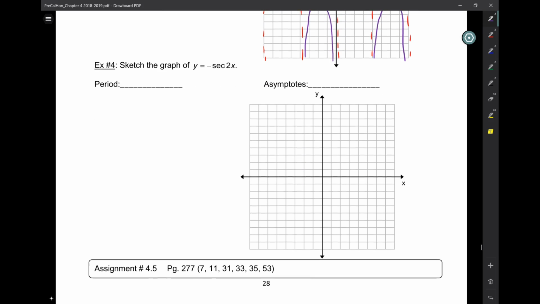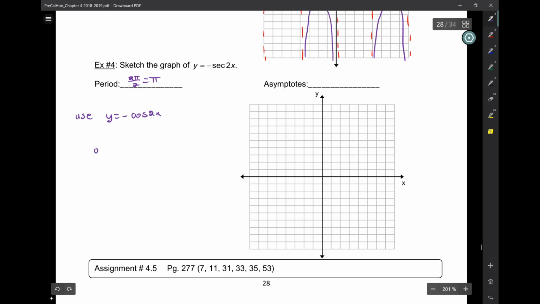We're going to graph negative secant 2x. Secant is the reciprocal of cosine, so we're going to use y equals negative cosine 2x. Now the period is going to be 2 pi over 2 again, which is pi.